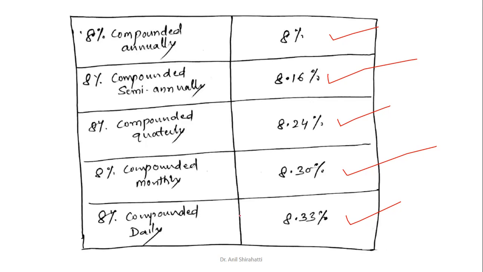So you can see, as the compounding period is increasing, the rate of interest is increasing.